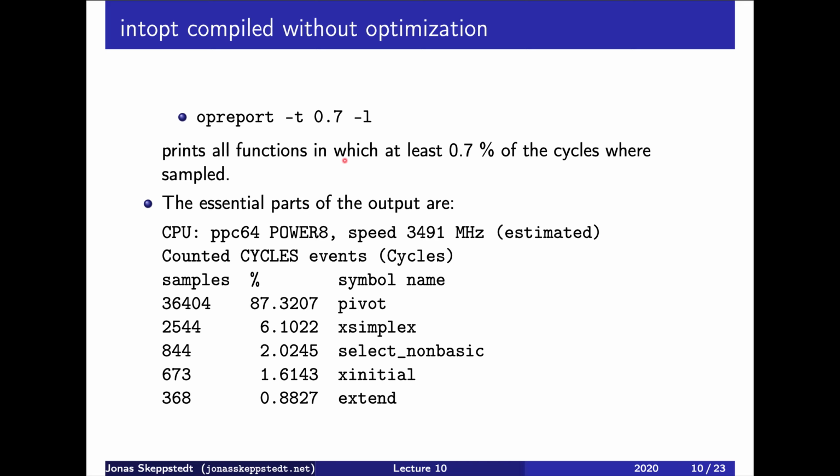Okay, so if we do this for intopt, and this is exactly the same version as the pseudocode, translated in simplest possible way into C code. Okay, so we can see that the pivot takes most of the time, and the others like that.